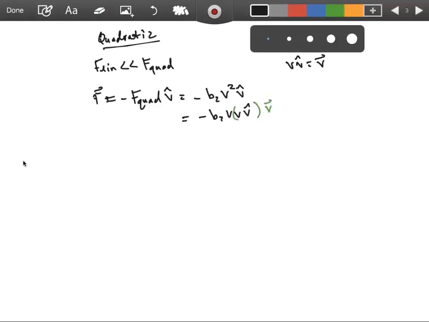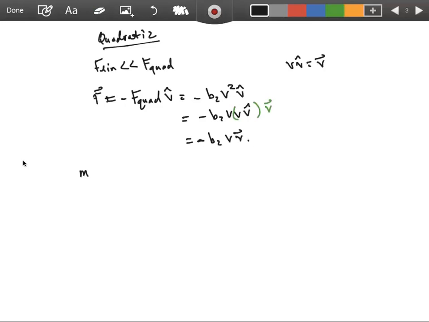So finally, this becomes minus v2 v, the magnitude of the velocity, times the v vector. In this case, Newton's second law becomes m times v dot equal to my external forces, but now minus v2, the magnitude or the speed, times the v vector.